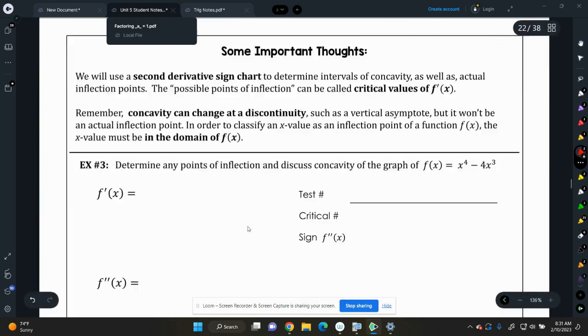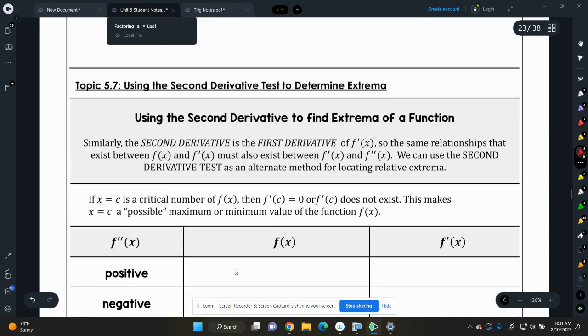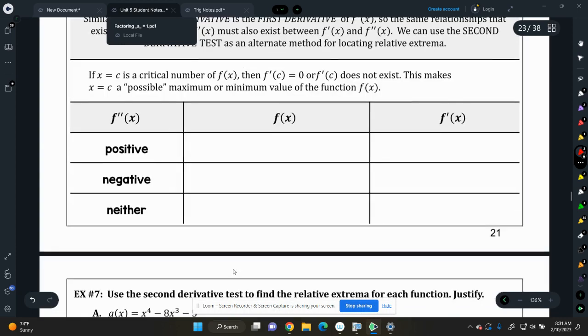Okay, let's go down to page 21. If C is a critical number of f of x, then f prime of C equals 0, or f prime of C does not exist. This makes x equals C a possible maximum or minimum value. So if f double prime is positive, what does that mean about f of x?